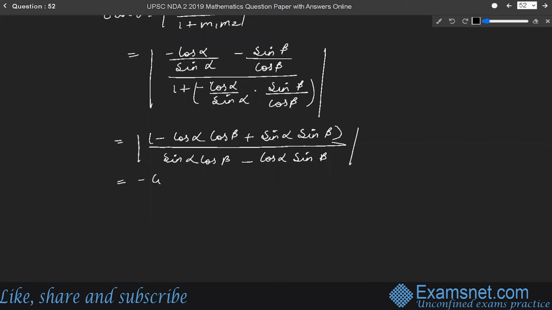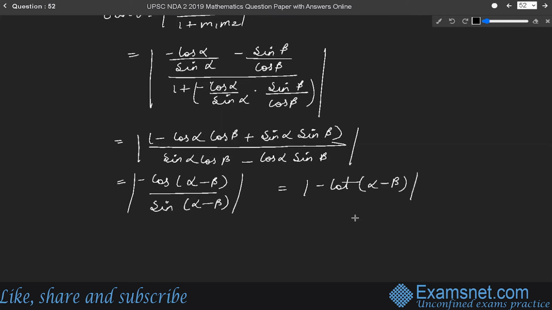So it will be minus of cos alpha minus beta divided by sin of alpha minus beta, which is equal to modulus of minus of cot alpha minus beta, because we know that cos x upon sin x is equal to cot x. So this will be equals to plus minus cot alpha minus beta.